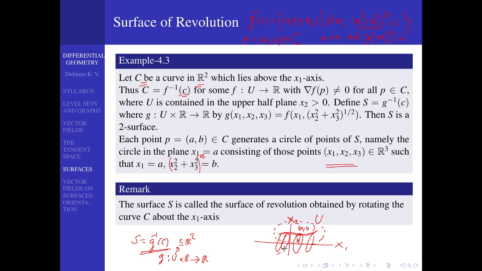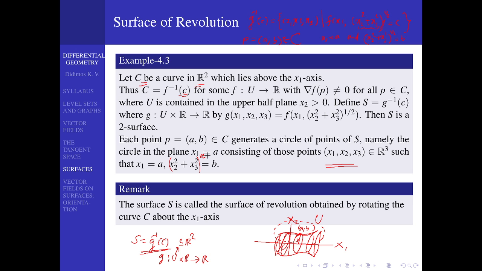So this will be our surface of revolution in R3. This is the set G inverse C. Corresponding to each point (A, B) belonging to C, we can construct a circle like this in G inverse C. When you consider f of x1 comma this quantity equal to C, this is a value Z, so that means A coincides with x1 and B coincides with this one.